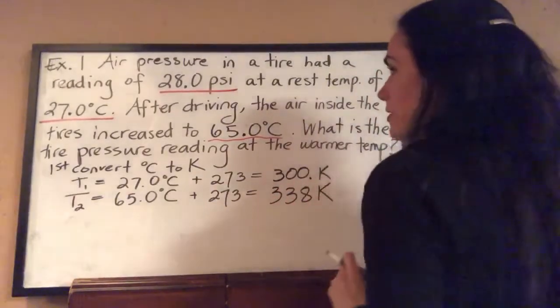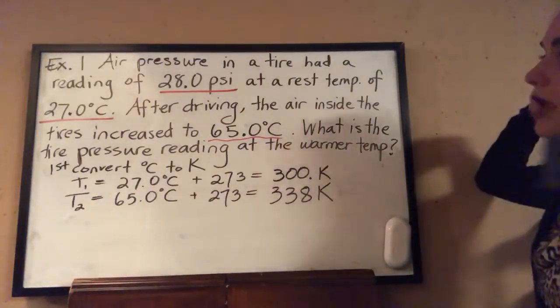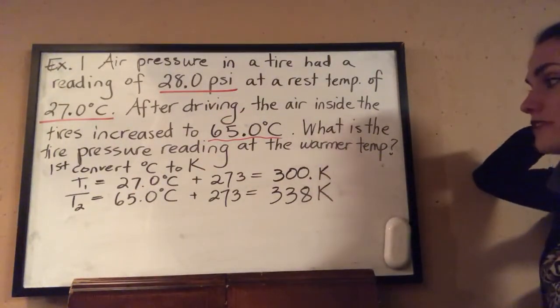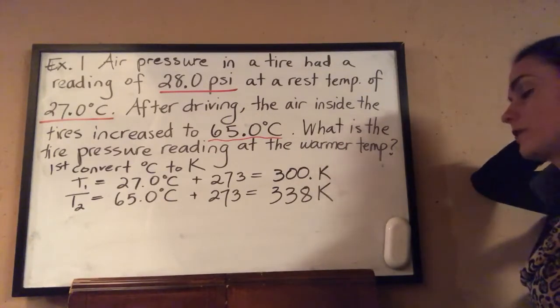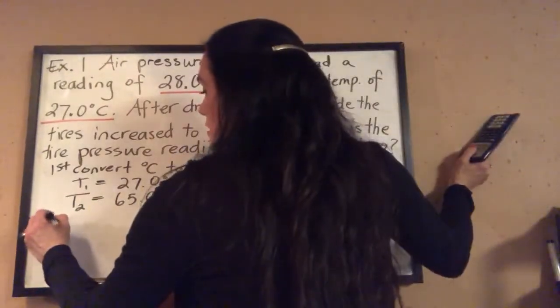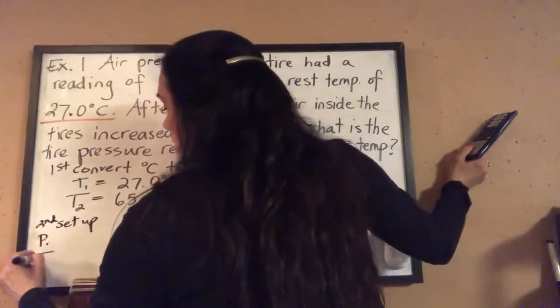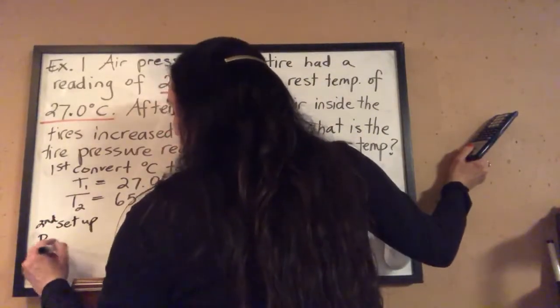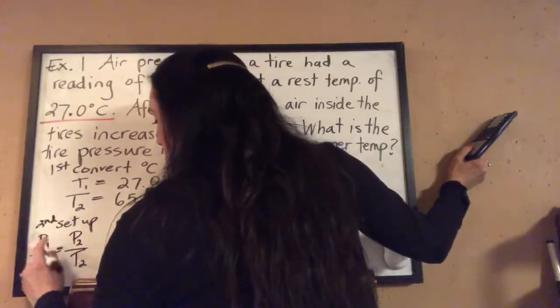Okay, so we're trying to keep everything with three significant figures. All right, so now we have everything in the correct units that we need it for. Okay, so now we can set up our equation. Set up P1 over T1 equals P2 over T2.